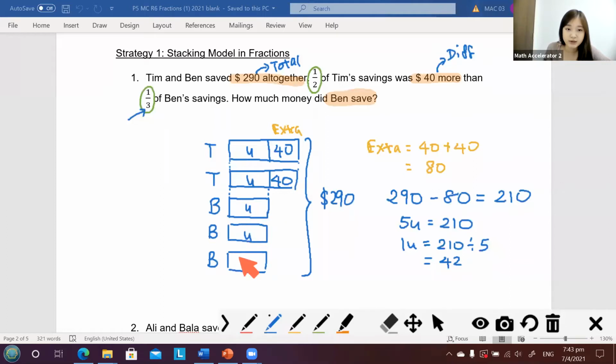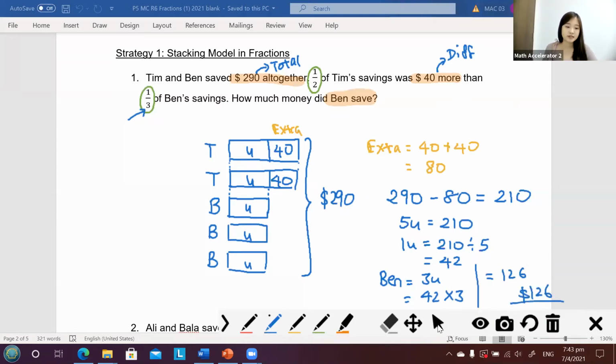So go ahead, look for the 3 units. So 42 is your 1 unit multiplied by 3. What's your final answer? Thank you. $126. Yes. So your final answer will be 126.